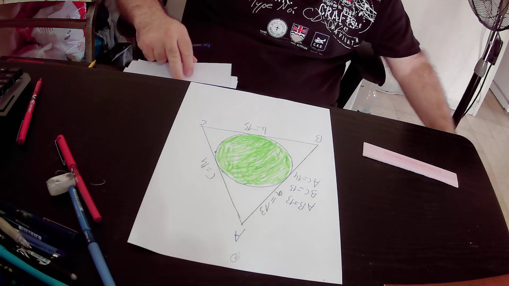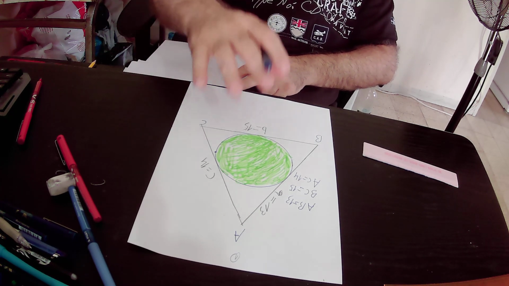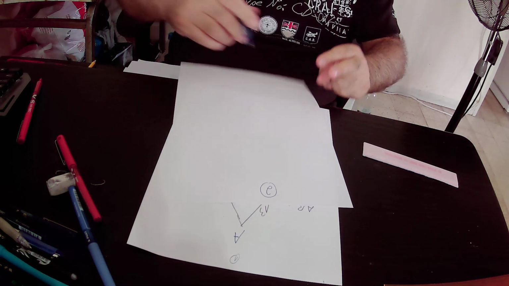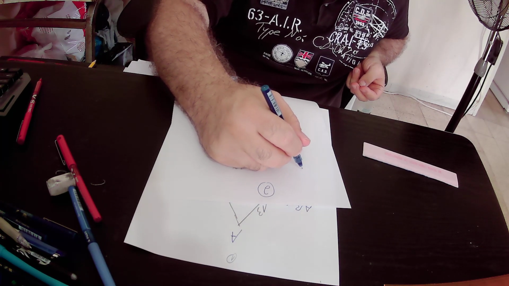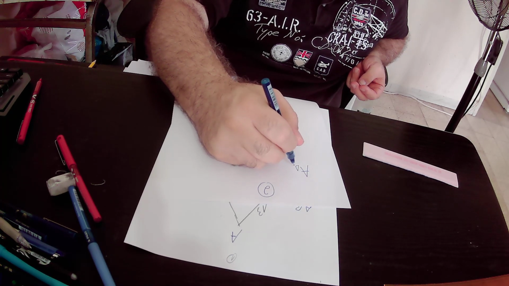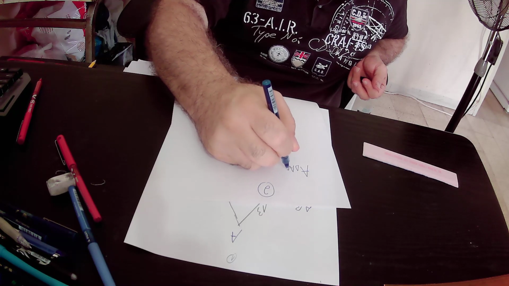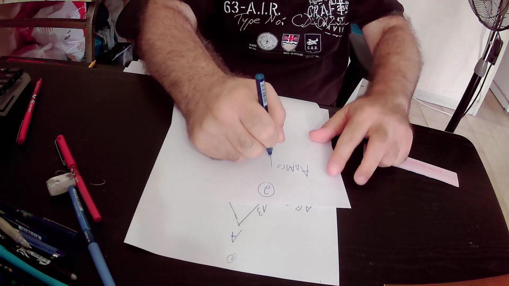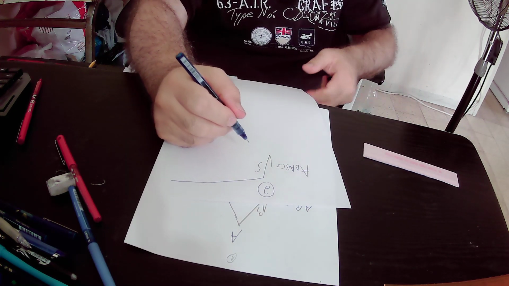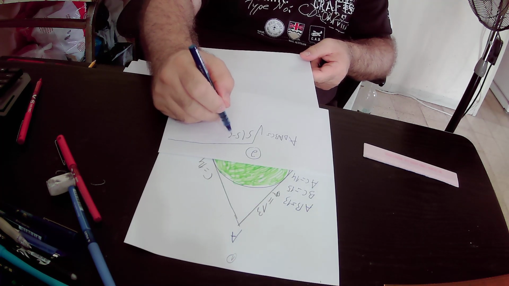Then we have the formula for the area of triangle ABC. It is a special formula. The area of triangle ABC equals the root of S times S minus A, where S is the semi-perimeter.